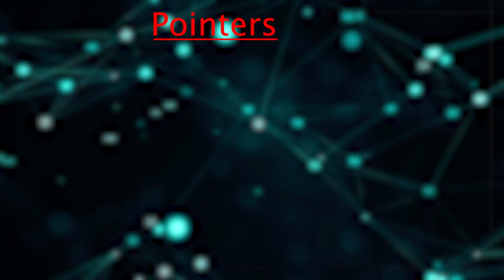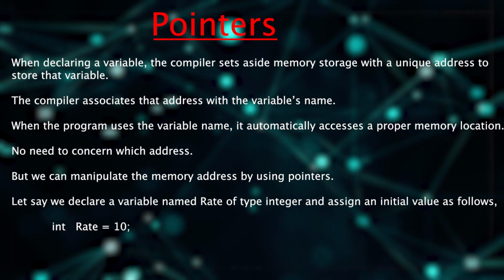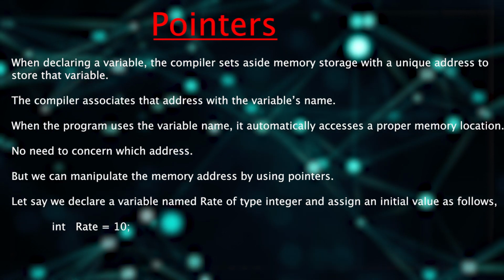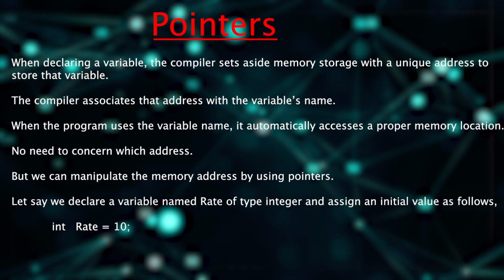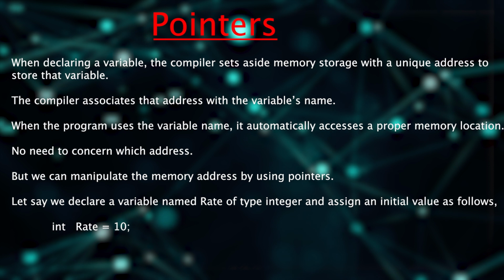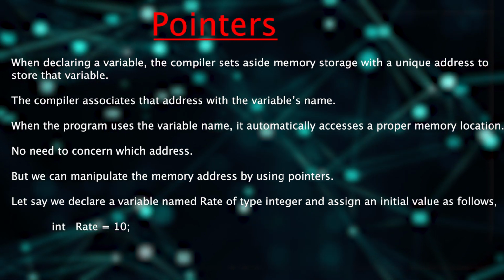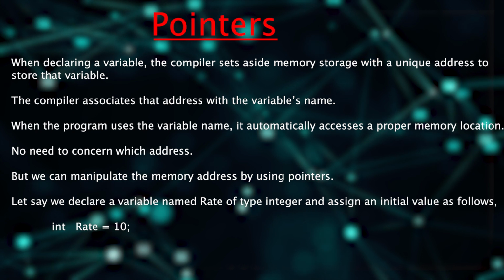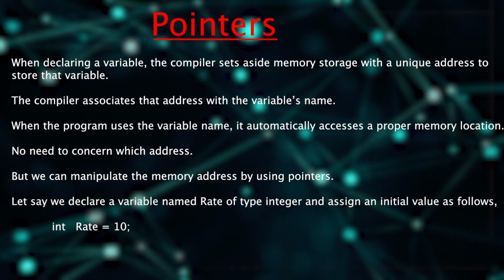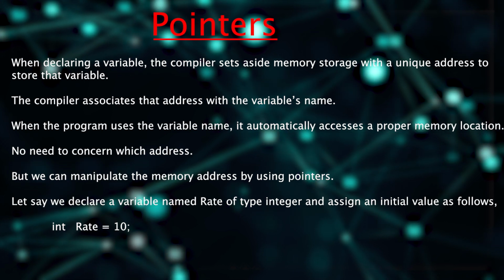In C, a pointer is a variable that stores the memory address of another pointer or another variable. Instead of directly holding the value, a pointer points to the memory location where the value is stored. Pointers are used to manipulate the memory, access the data directly, and create more efficient data structures like linked lists, trees, and dynamic arrays.